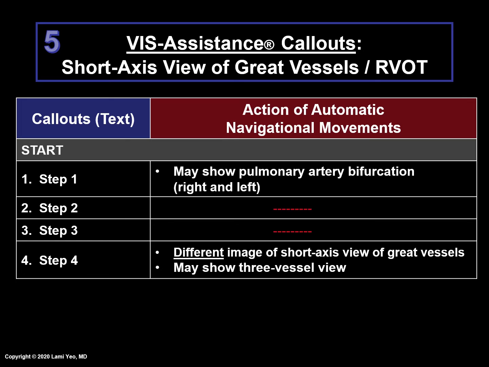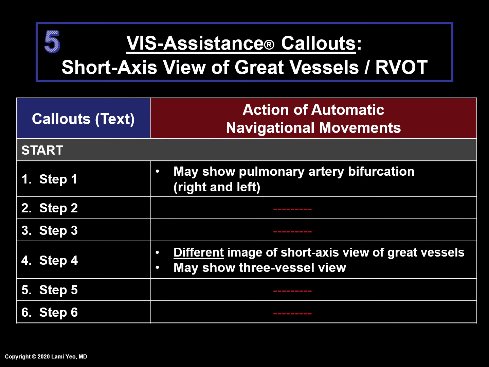The fourth callout states step 4 and shows a different image of the short axis view of the great vessels, similar to that of image B shown previously. Remember that for image B, the right pulmonary artery is more distinct and the left atrium is not visible well.